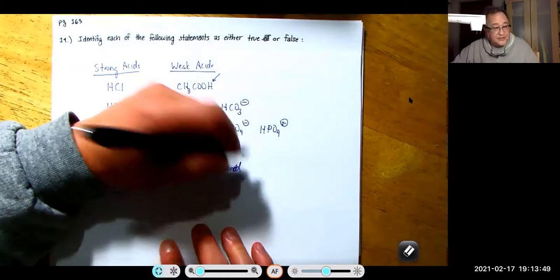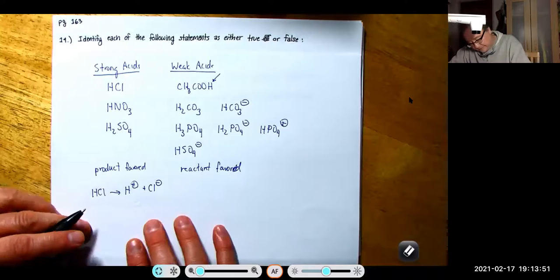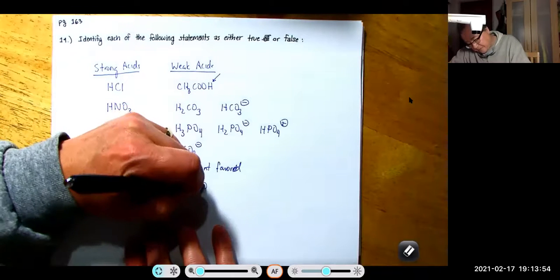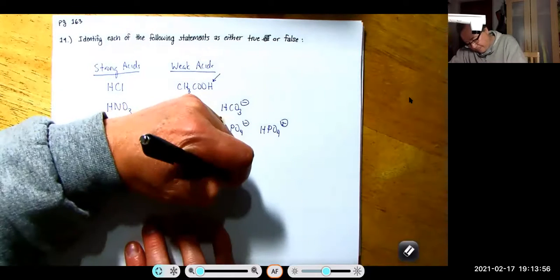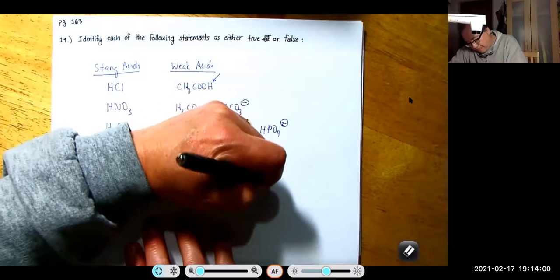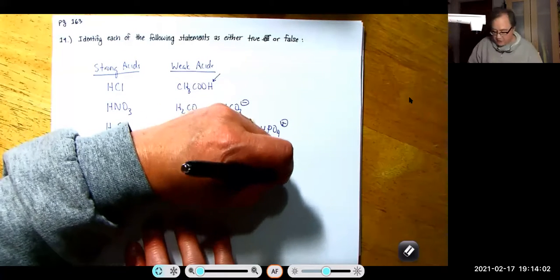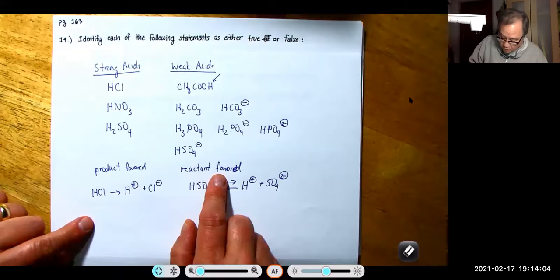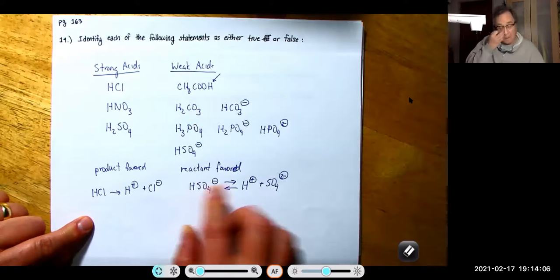And for weak acids, they are reactant favored. So reactant favored means you're going to have more on the left than you do on the right.